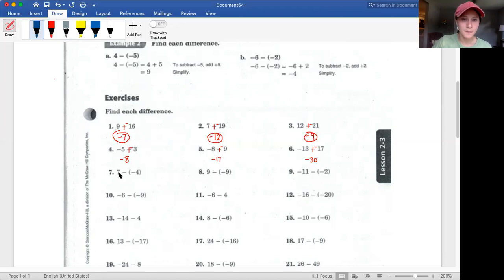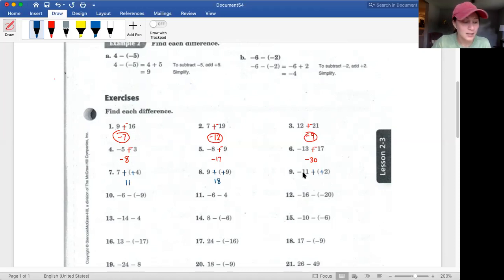Okay, let's do another one. I'm going to use blue here. Again, we're going to add the opposite. So I'm literally changing the subtraction into addition, and I'm adding the opposite. When I do this, I have 7 plus 4, and that is 11. 9 plus 9 is 18.